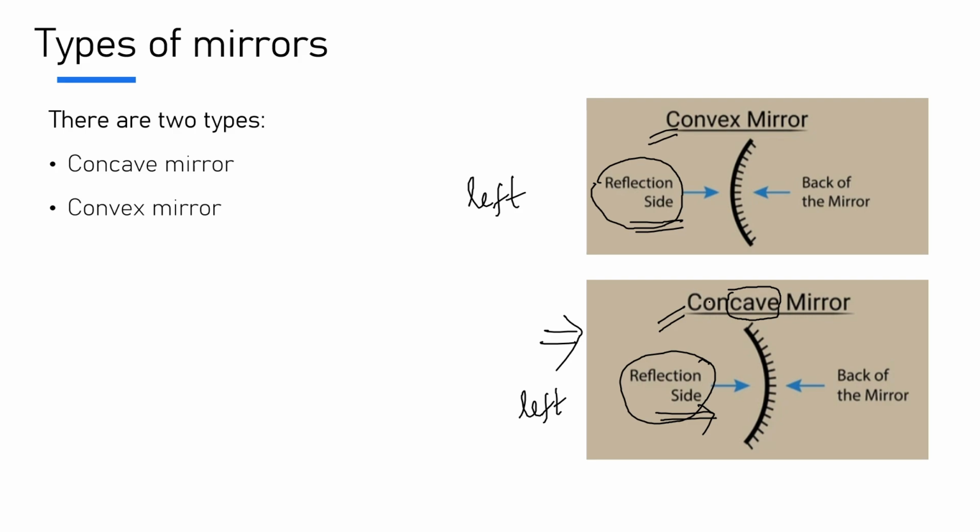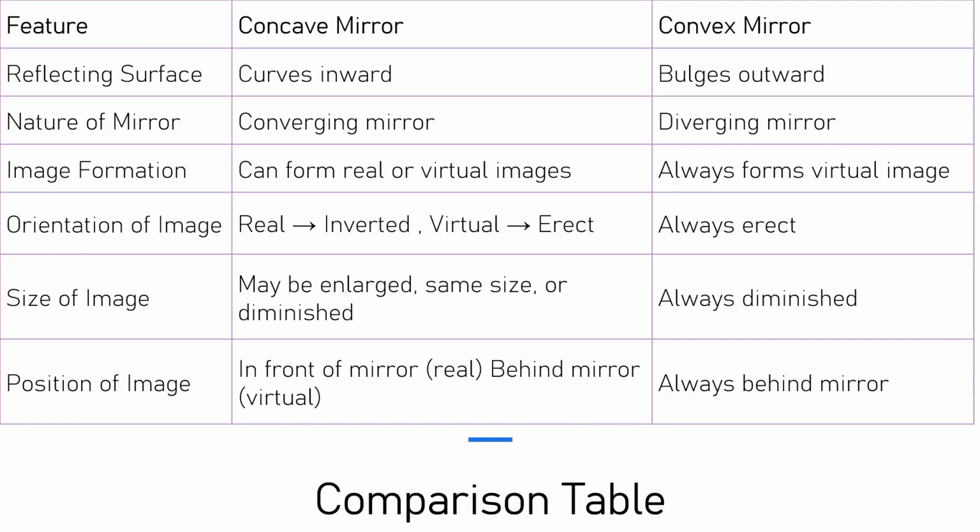Now let's see more differences between concave and convex mirrors. Yes, so here is a comparison table between both the mirrors. Now let's talk about the reflecting surface. I have told you in the beginning, concave mirror, the reflecting surface is curved inward. So you just have to remember the cave of concave, the caved part, it is inwards. And what about convex? Reflecting surfaces bulge outwards.